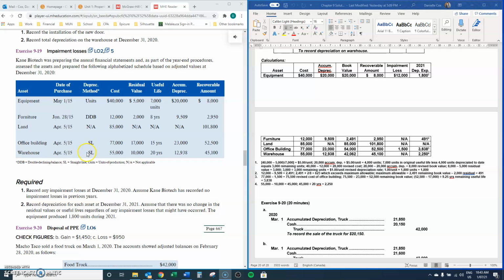Office building and warehouse are both straight line. So for the office building, it's $77,000 cost less the $1,500 impairment loss, which gives us $75,500 as a new revised cost.